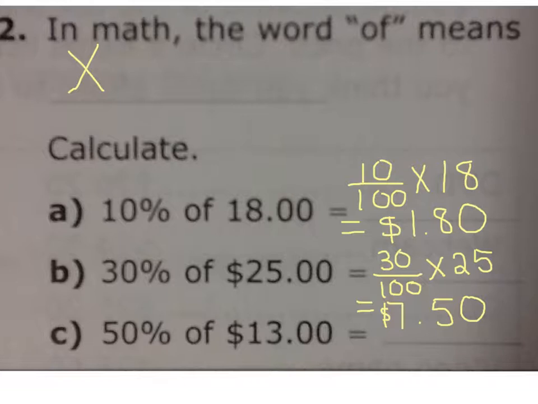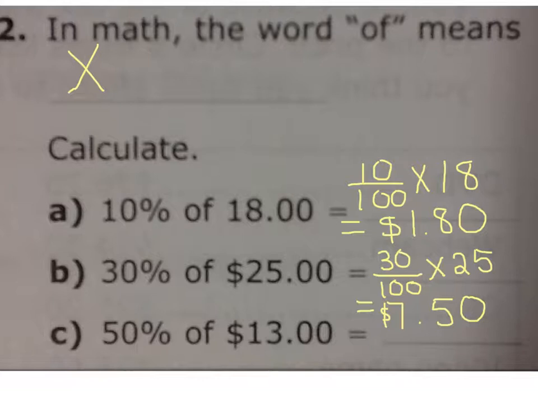Another thing that you have to remember is that the percent sign looks almost like a 1 with two zeros. That's how I, in particular, remember that I must divide by 100. So the last one is 50% of $13.